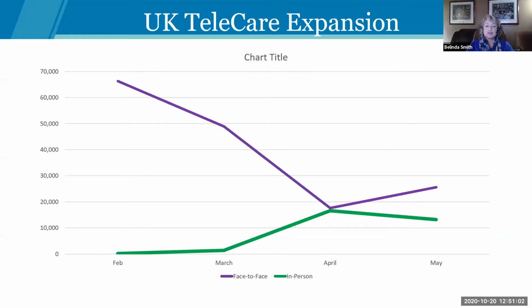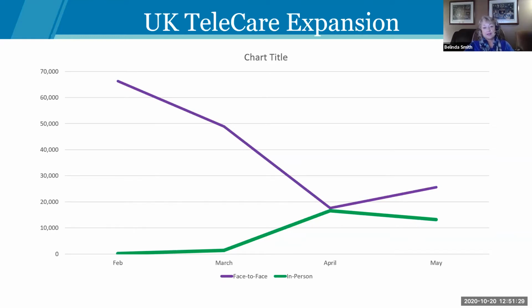But when the clinics began to scale back on the in-person visits, and that's the purple line, it went down from about 66,000 and some down to 17,000. You see the green line immediately and phenomenally increase from 185 to 16,574 telehealth visits. So some of those may have been research, the majority clinical.